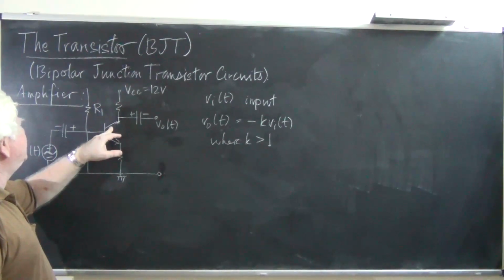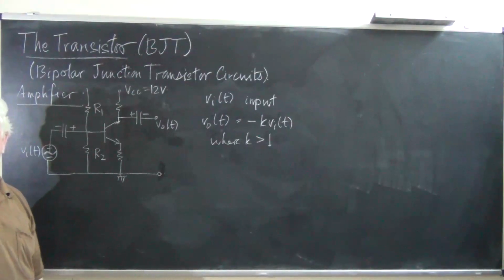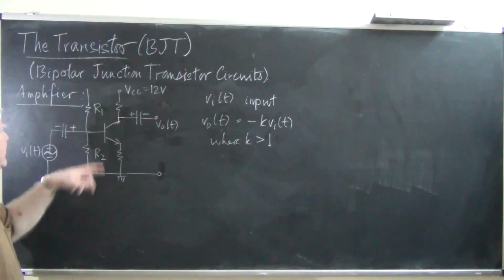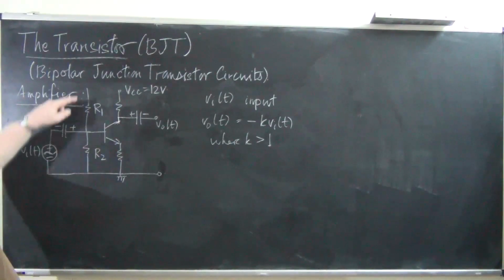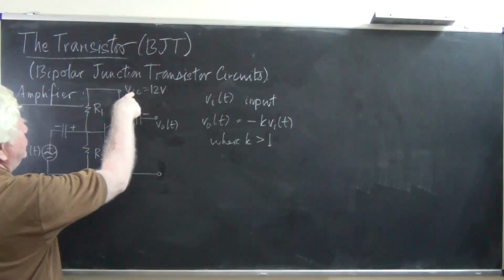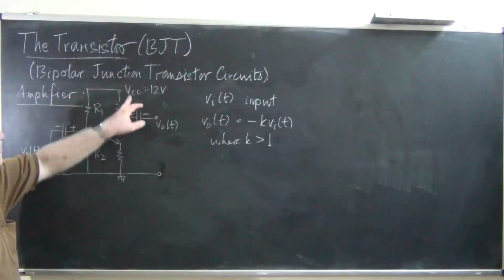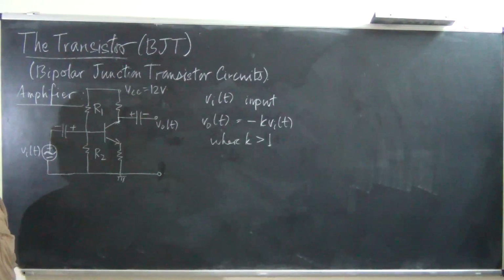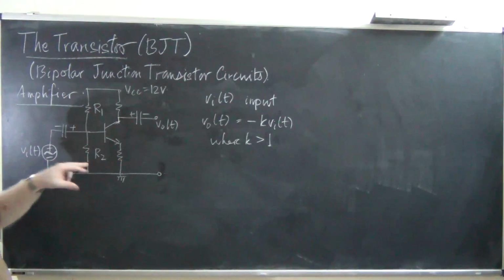The way to do this in this particular example is this. We have VCC supplied both to the transistor itself, as it is passing through here, as well as to a potential divider. The potential divider values have been adjusted so that the right amount of voltage goes to the base.